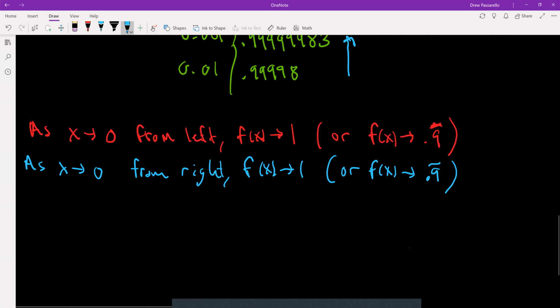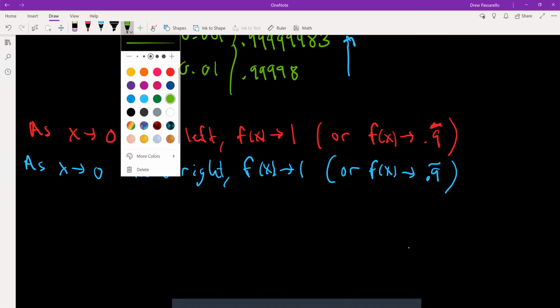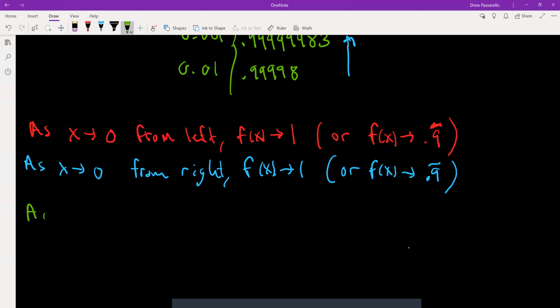Right, so then they both approach the same value from both sides. So approaches the same value from both sides.